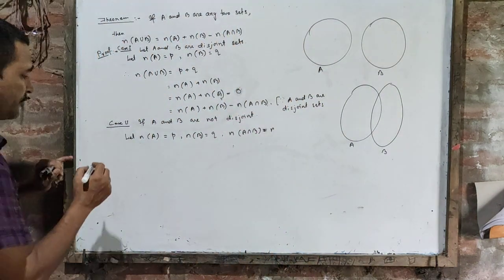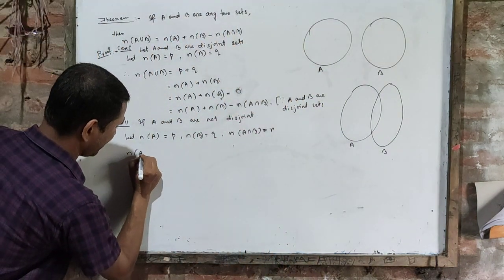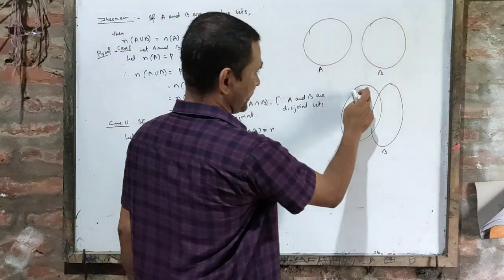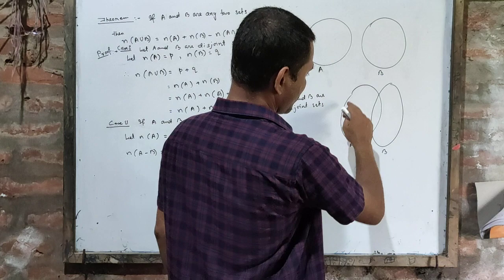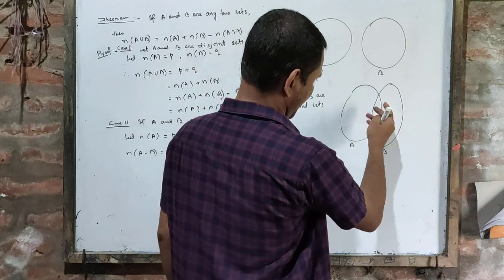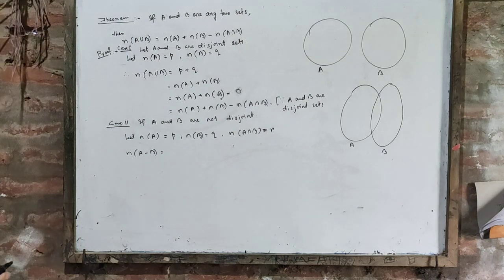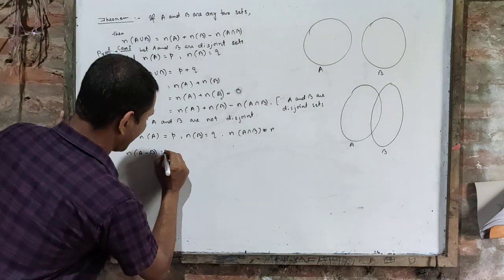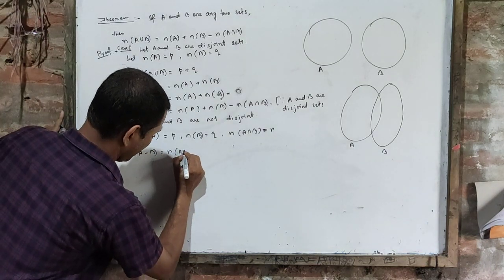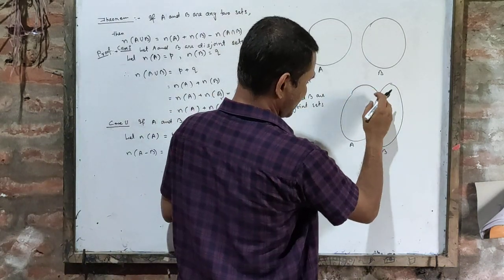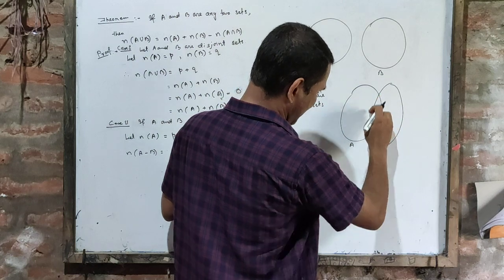Okay. First of all, let us find how many elements are there in A difference B. Which area is A difference B? This area is A difference B. So if you leave A intersection B from A, you will get A difference B. So N of A difference B can be written as: here P elements in the whole set and R elements are common.